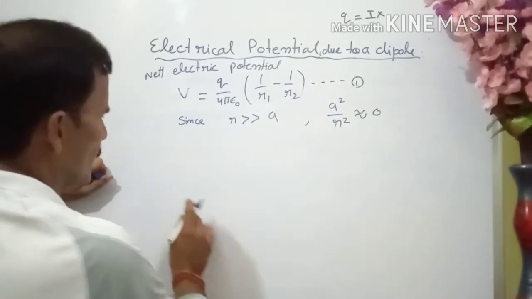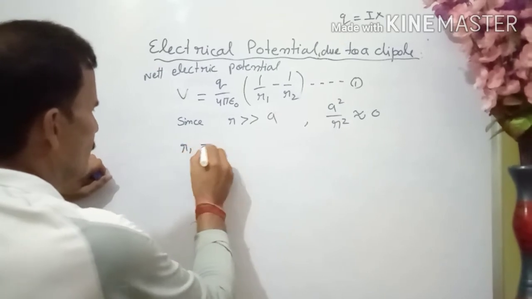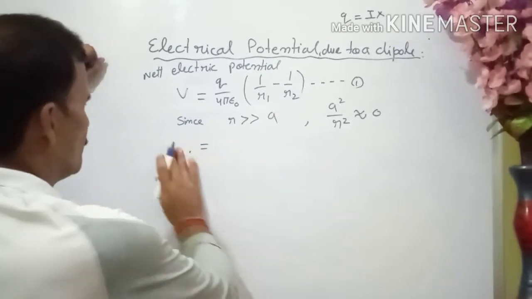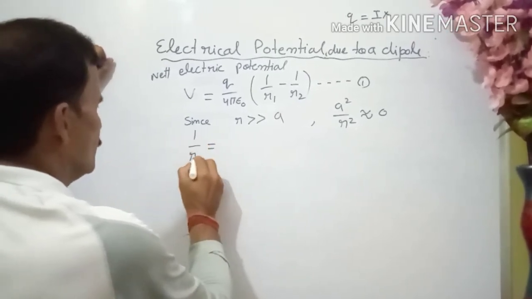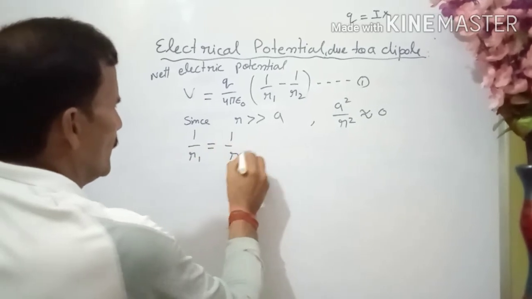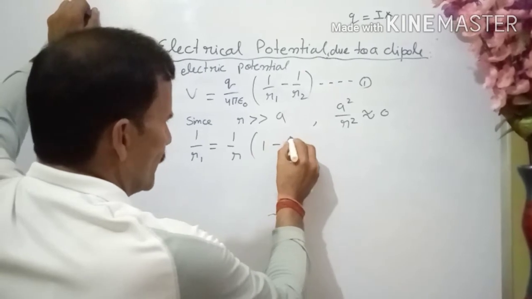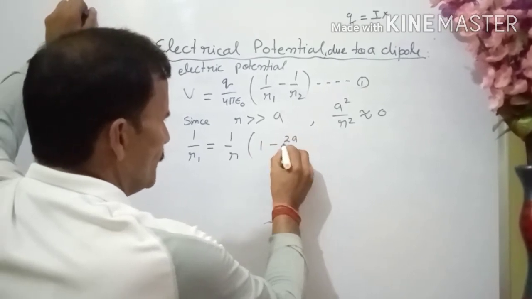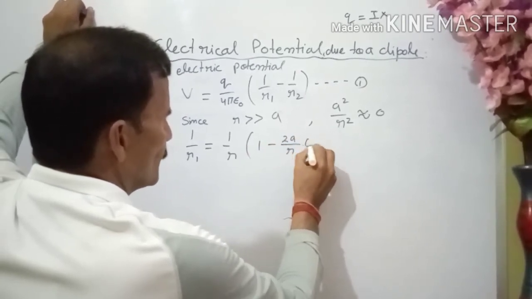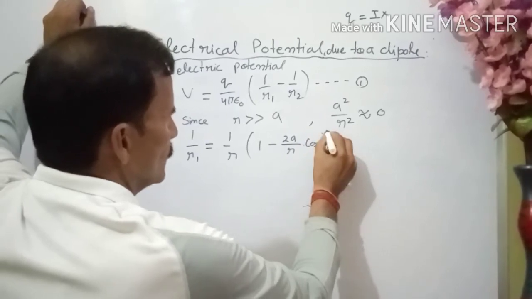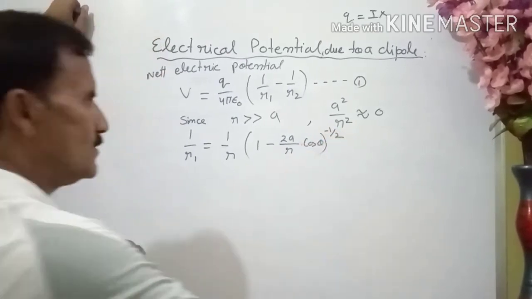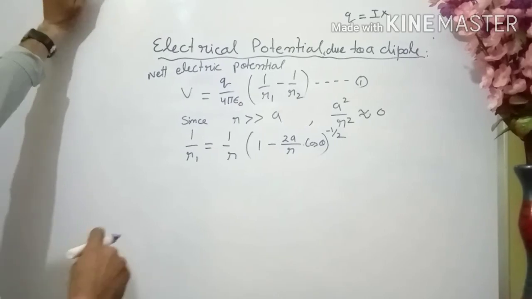So what will you get here? 1 upon r1 is equal to 1 upon r, and this is 0, so 1 minus 2a upon r cos theta, whole raised to the power minus 1 upon 2. Okay?